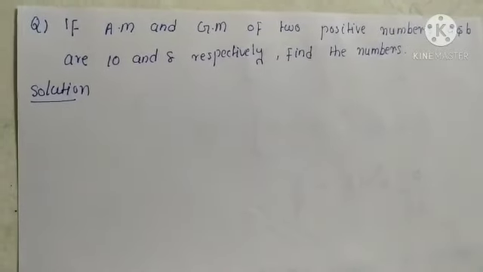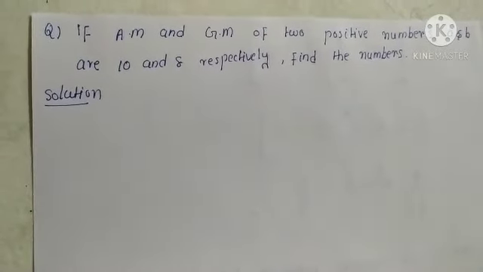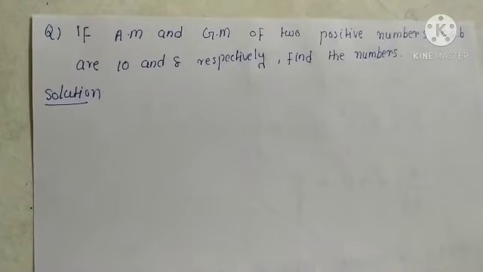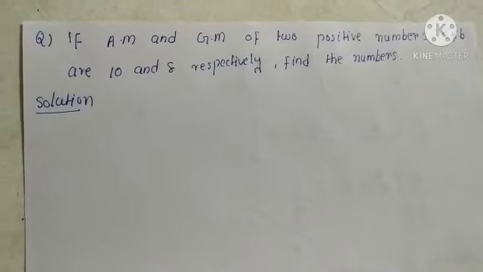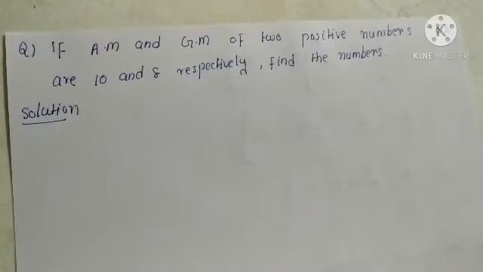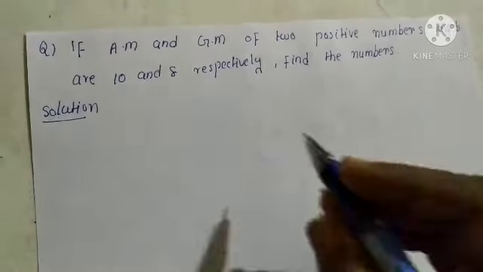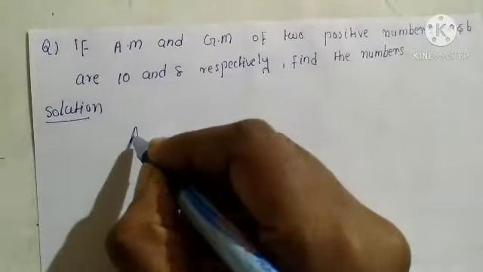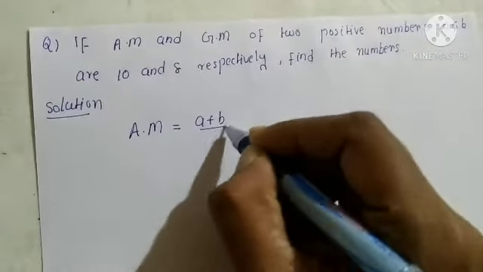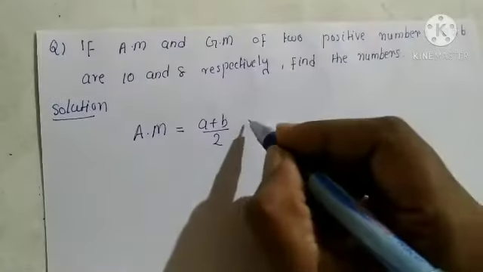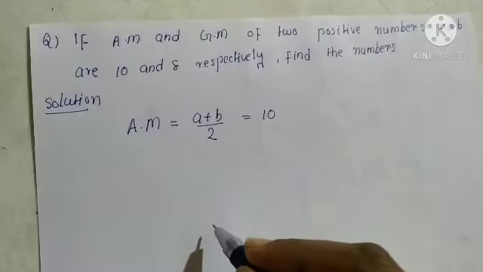In this question, the AM and GM, that means the arithmetic mean and geometric mean of two positive numbers A and B, are 10 and 8 respectively. Find the numbers. Okay, and we know that the arithmetic mean between two numbers is (A plus B) by 2 and it is given as 10.